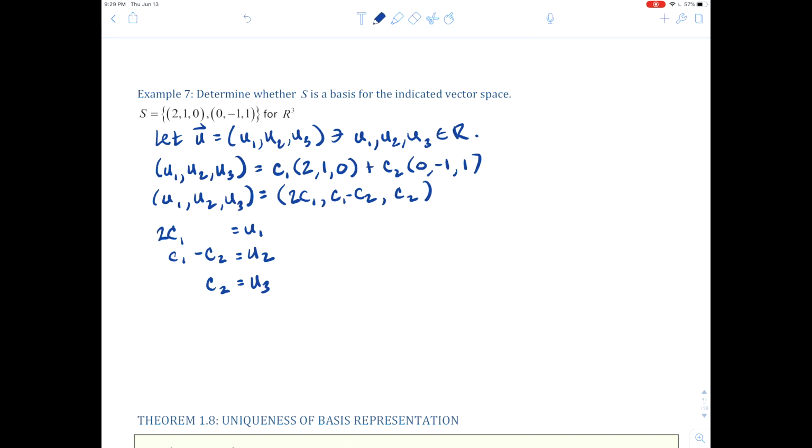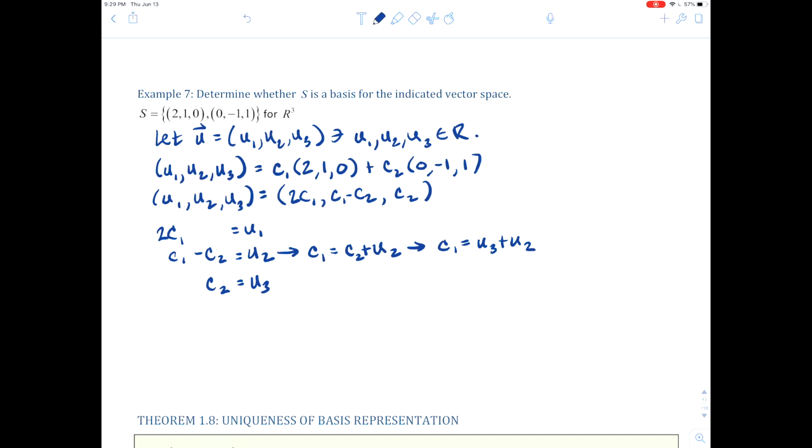Well, if C2 is equal to U3, then what would that mean? That would mean that C1 would equal C2 plus U2, but we said C2 was U3, so C1 would equal U3 plus U2. Cool, cool?